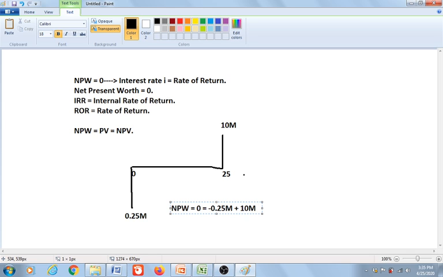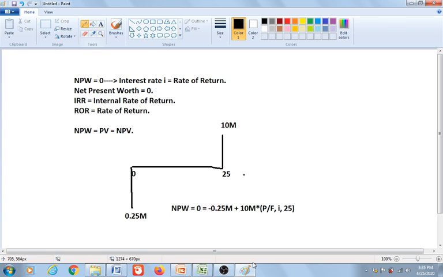Remember, for the net present worth, we are calculating for P. The value of I from this equation will give you the value of the rate of return.